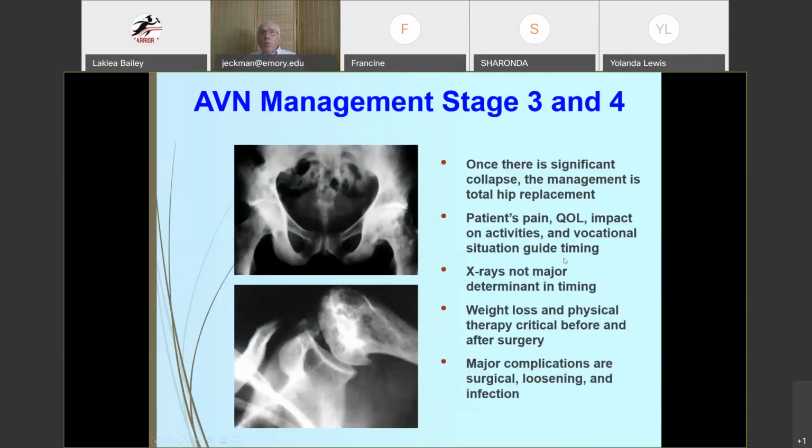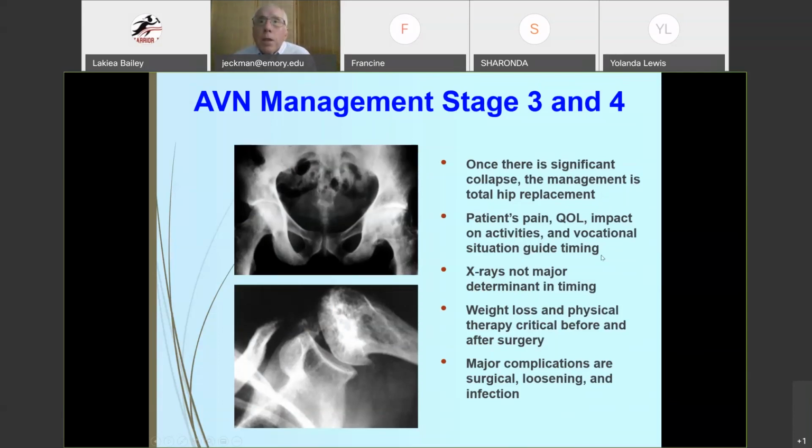Now, once there's more severe involvement of the joint, a stage 3 or 4, where there's collapse and destruction of the joint, then the surgical management is total hip replacement. I'll show you an x-ray in a minute as to what those look like.